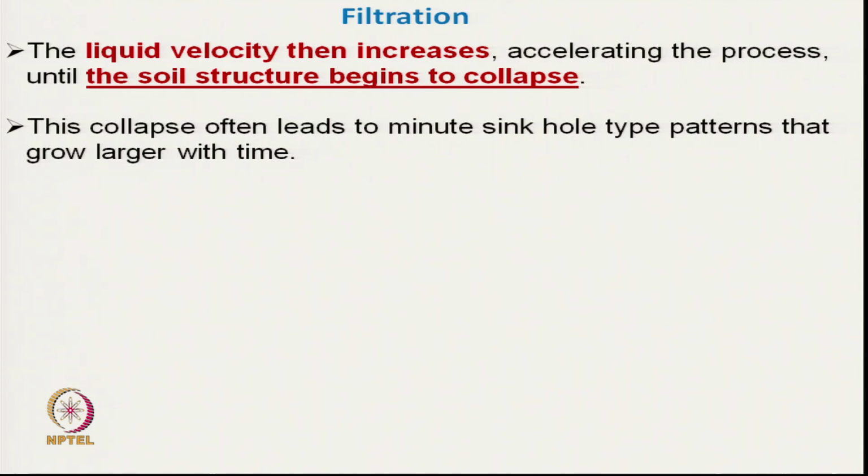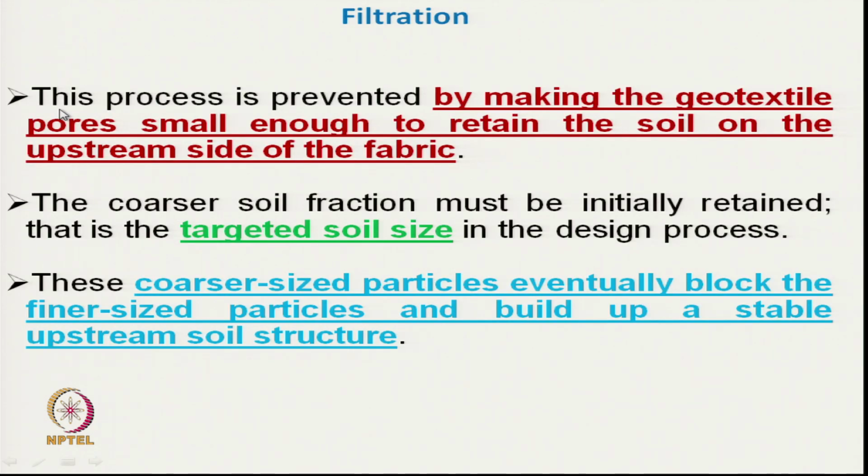So, we have to take into consideration the characteristics of the flow. This piping process is prevented by making the geotextile pores small enough to retain the soil. When piping takes place, it takes place mainly in harsh conditions. In that case, as we have mentioned, we should design geotextile with lower pore size.